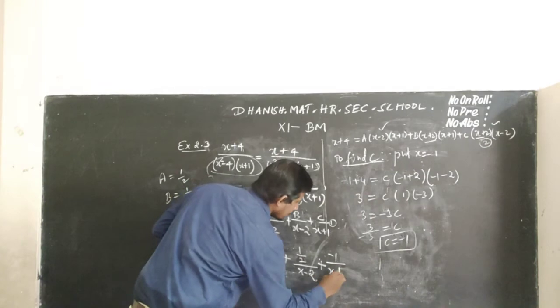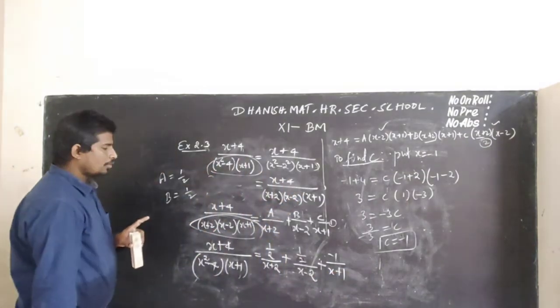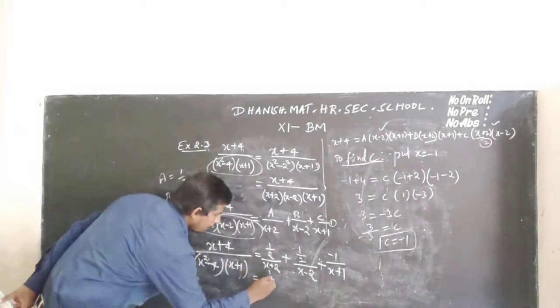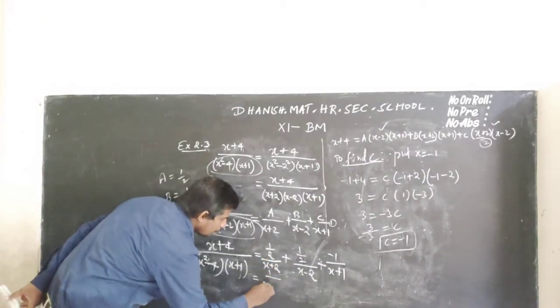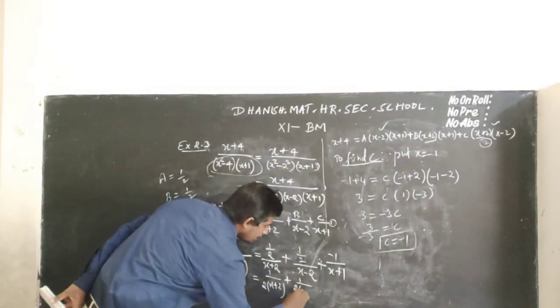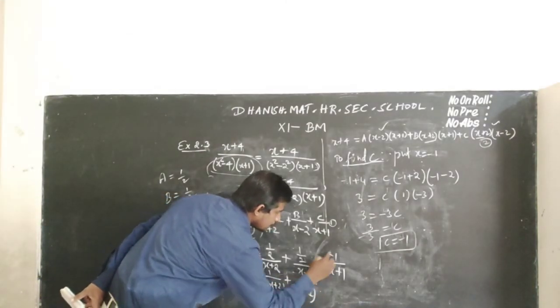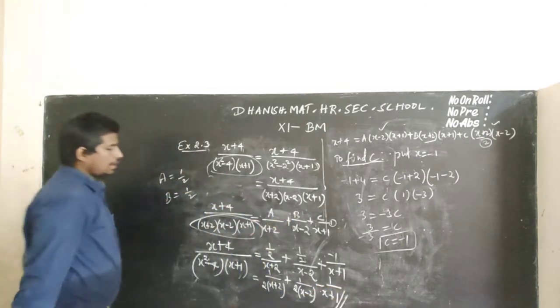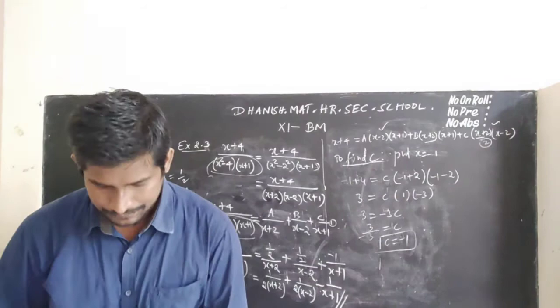Minus 1 divided by x plus 1. What would be the next step? This is equal to 1 by 2 into x plus 2 plus 1 by 2 into x minus 2 minus 1 by x plus 1 is the correct answer.